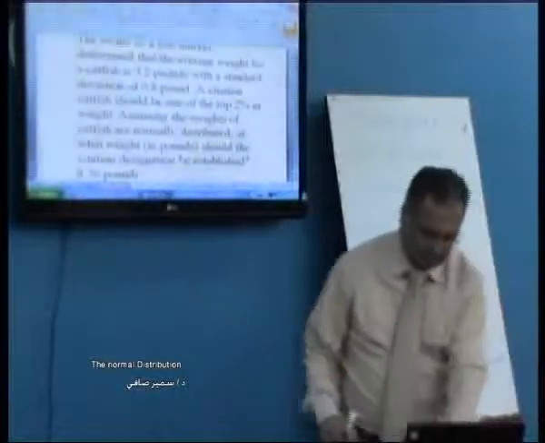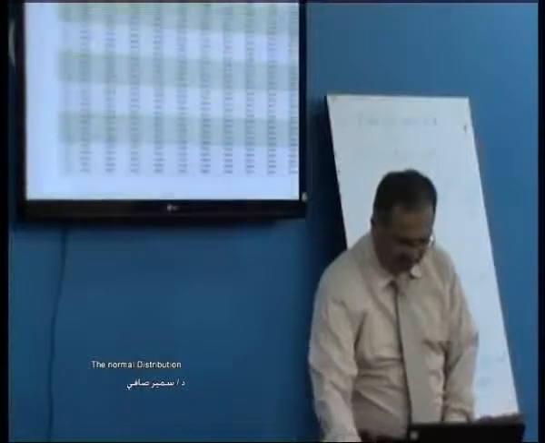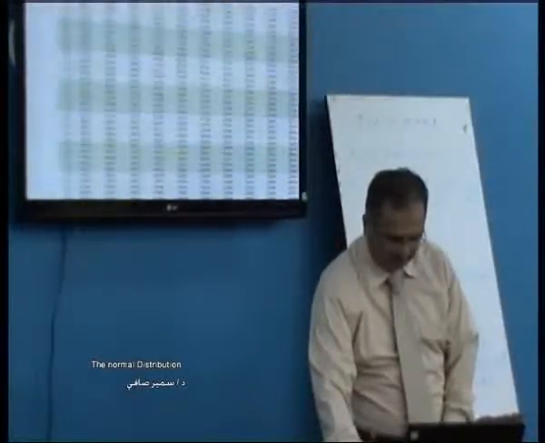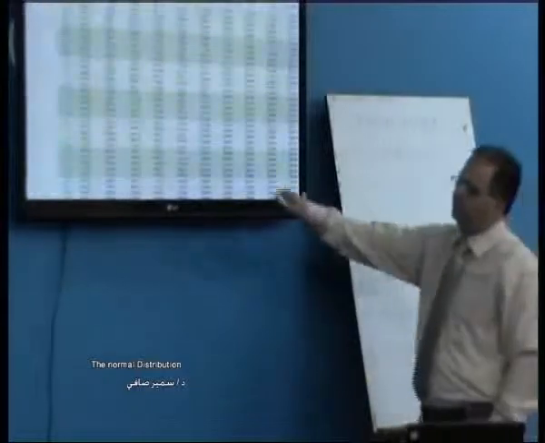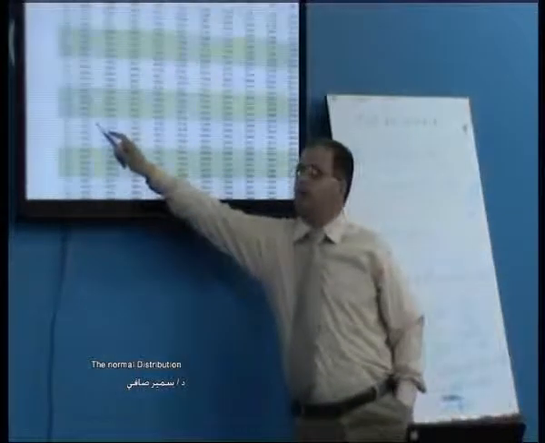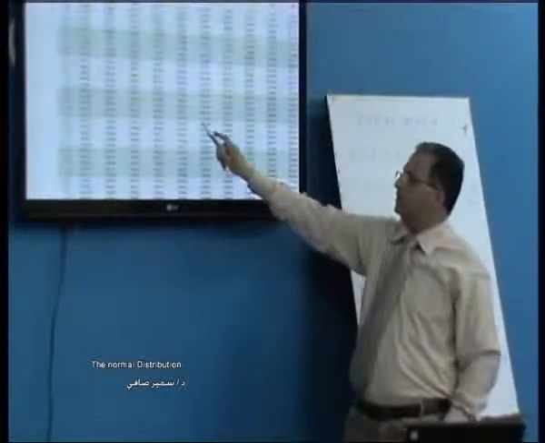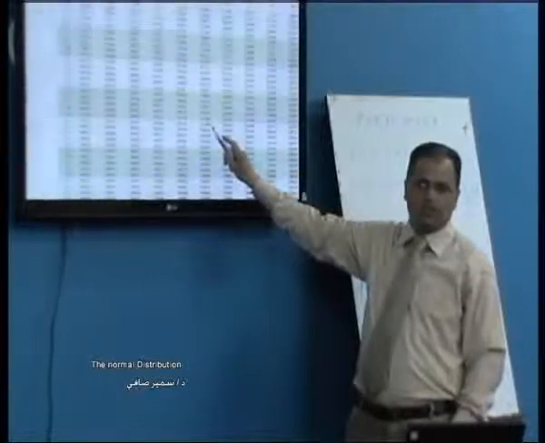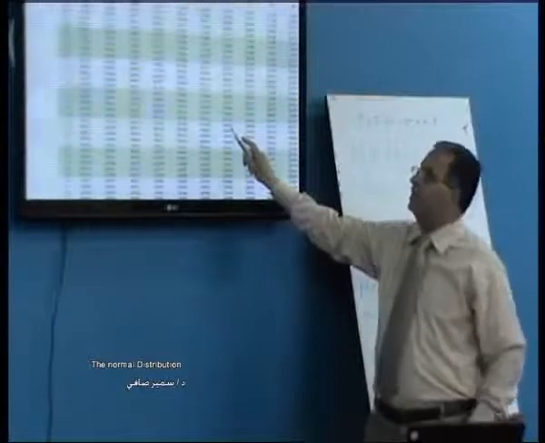So again, go back to the normal table, and we are looking for 98%. The closest value to 98: look here, if you stop here at 2, you go to the right. Here we have 9798 or 9803.